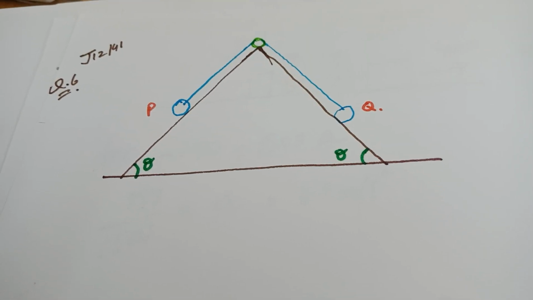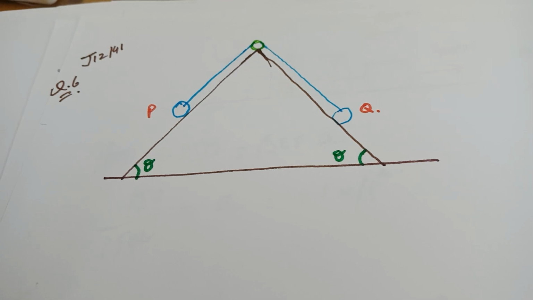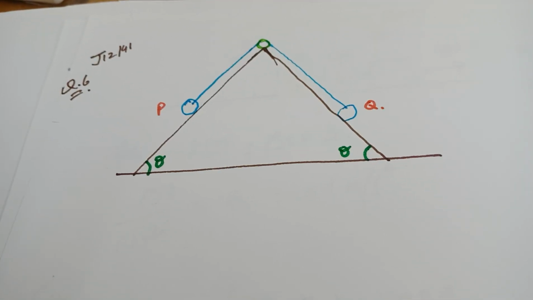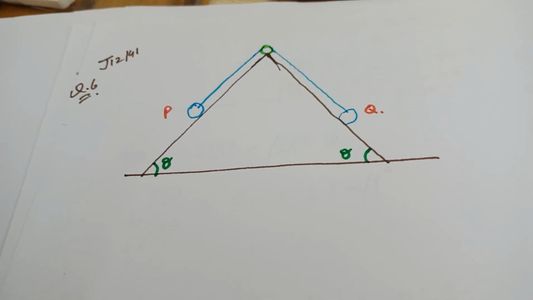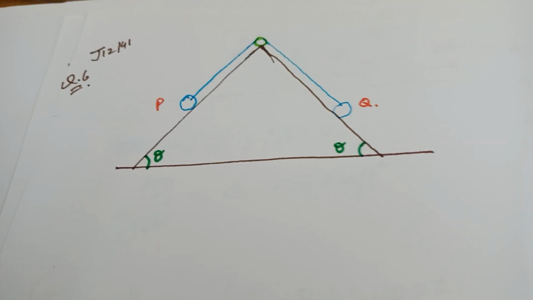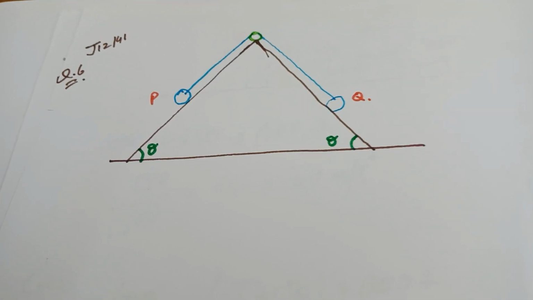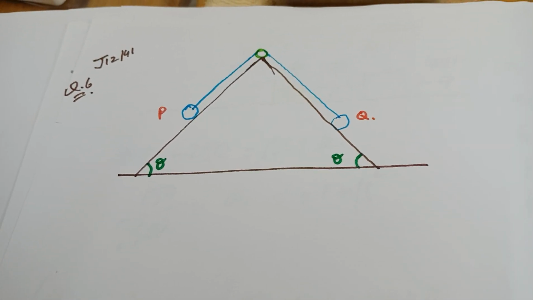So you have to very carefully consider the situations differently. You can divide the whole situation into parts: the motion when the string is taut and the motion when the string is slack.